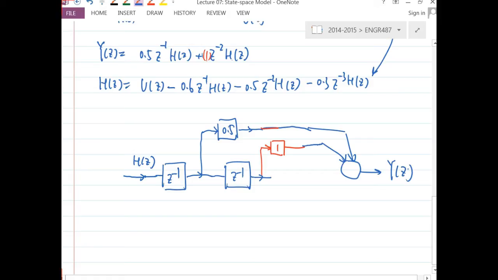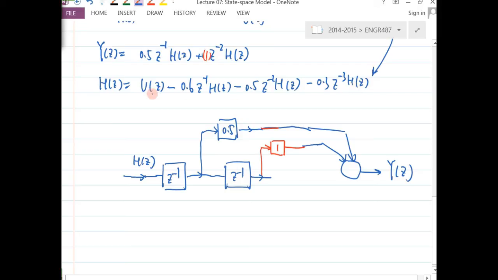Okay, so now let's look at how h of z is obtained here. We built the rest of the diagram based on the second expression. And h of z is obtained by u of z subtracting the rest of the terms here.